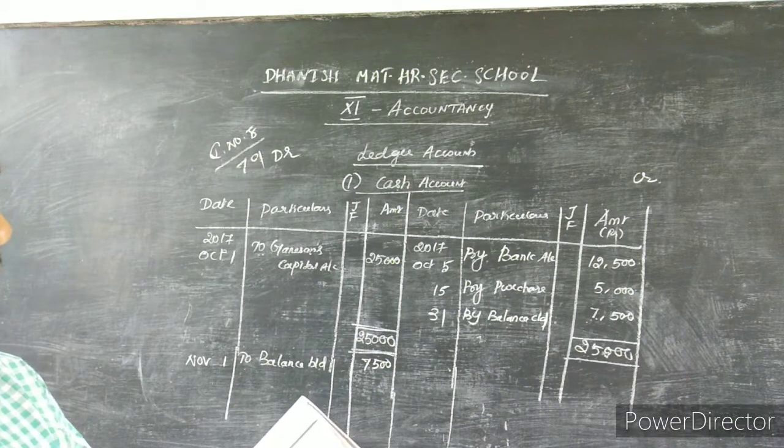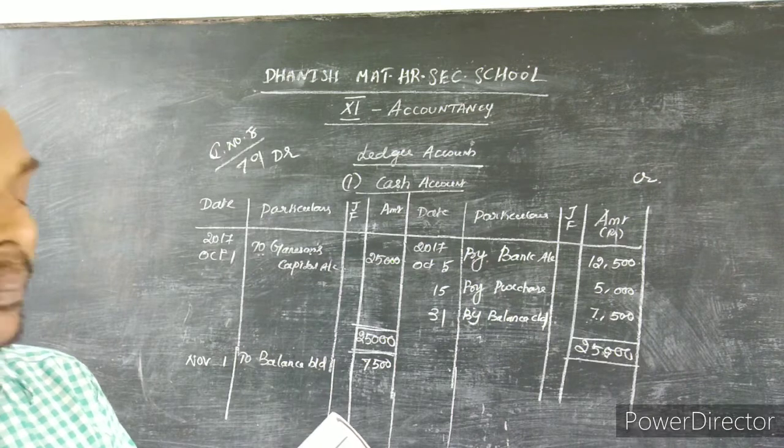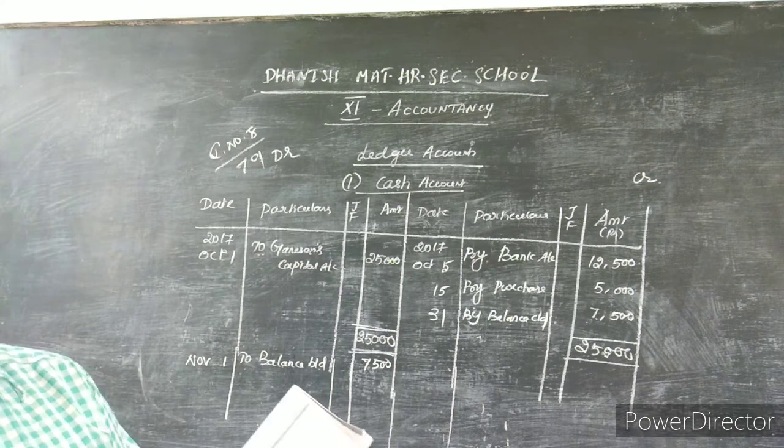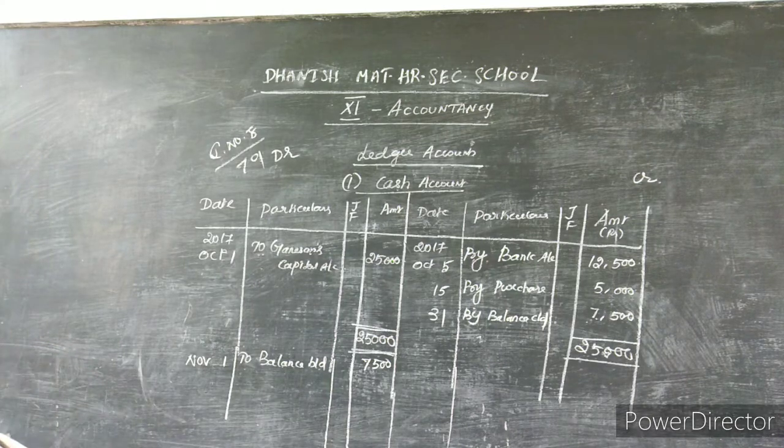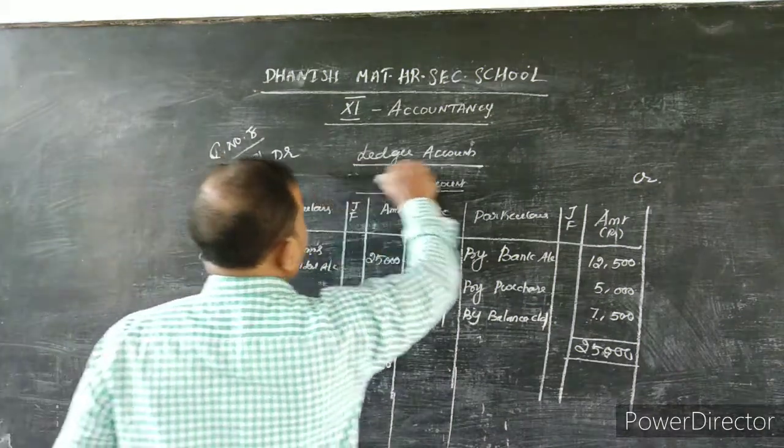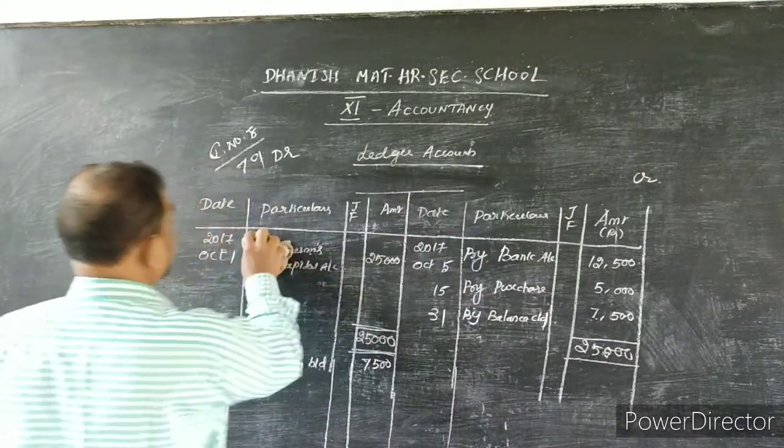What is the next ledger account? As per the numbering, the next ledger account is Ganeshan's Capital. Now I will prepare Ganeshan's Capital. The second ledger is Ganeshan's Capital.